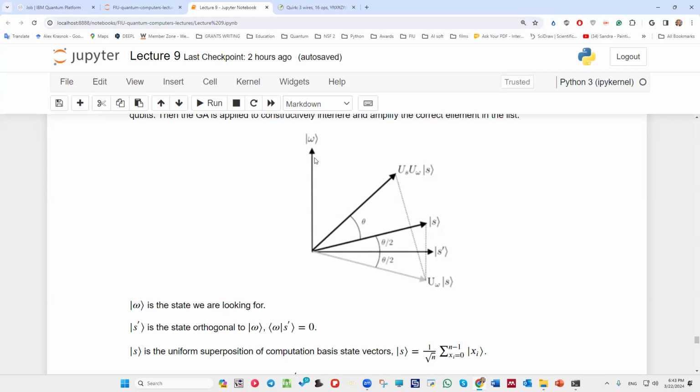We know the element, but we don't know where the element is located in the list. So we know this vector, and we can easily find the orthogonal vector S, right? So this vector S is orthogonal to the vector omega.